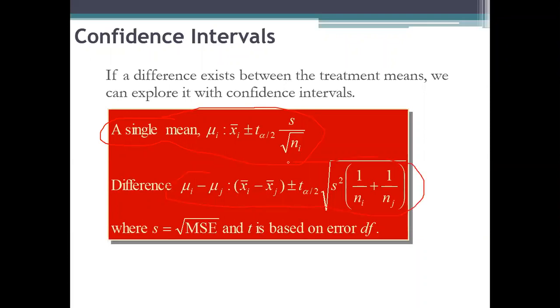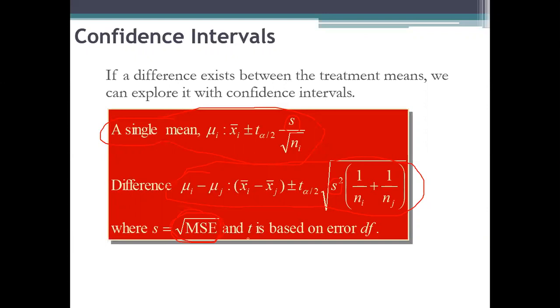It seems like the formula that we discussed in our previous lesson, but in this chapter the only difference is how we calculate the value of S. The value of S refers to the square root of the MSE value.